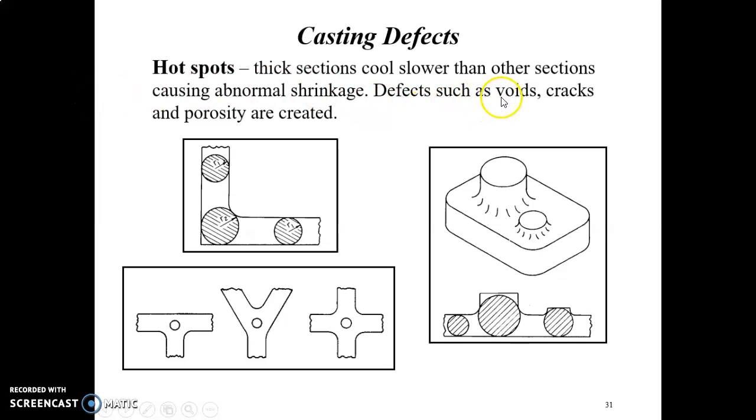Defects such as voids, cracks and porosity are created. Because the cooling rate in the region with the larger circle is lower, this region is called a hotspot. They can develop shrinkage, cavities, and porosity.